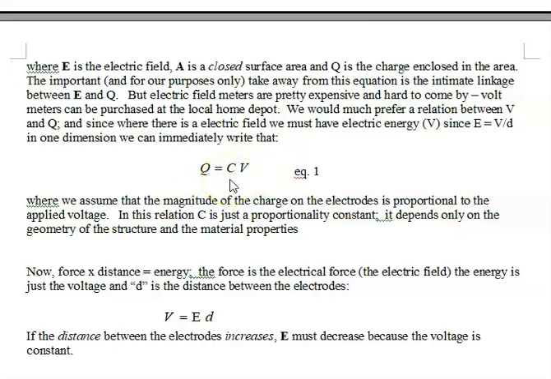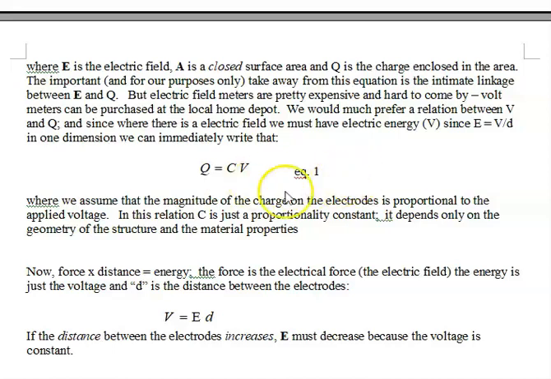The constant of proportionality between the charge and the voltage we call C. And as this was explained to me when I was taking the course, this goes back a few years, one of the mnemonics to remember this, I'm not suggesting that this is the right mnemonic, but in those days Q stood for something that was queer, so the professor said the queer stands alone.